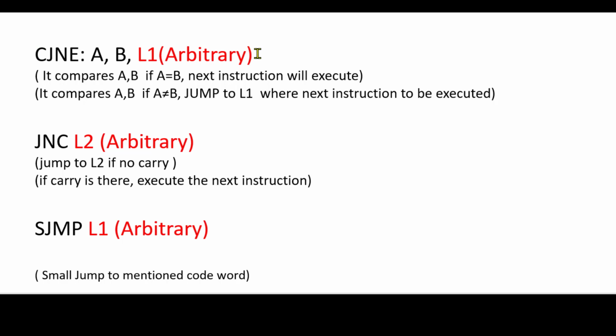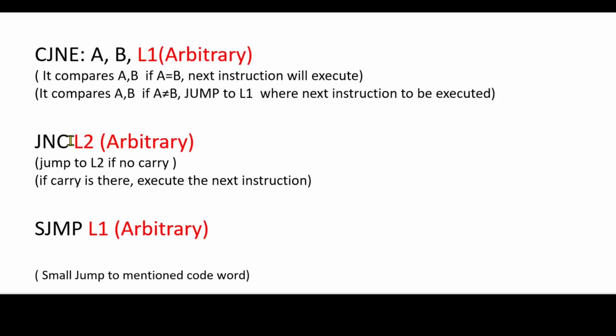That means wherever you have mentioned L1 in your program, your program will go to that location, and the next instruction will be executed from that place. So that's how I am going to use CJNE to compare two numbers, based on whether they are equal or not. If equal, I do the next execution without doing anything. If not equal, it goes to a specified label where it executes its next instruction. This is the first instruction I am going to use.